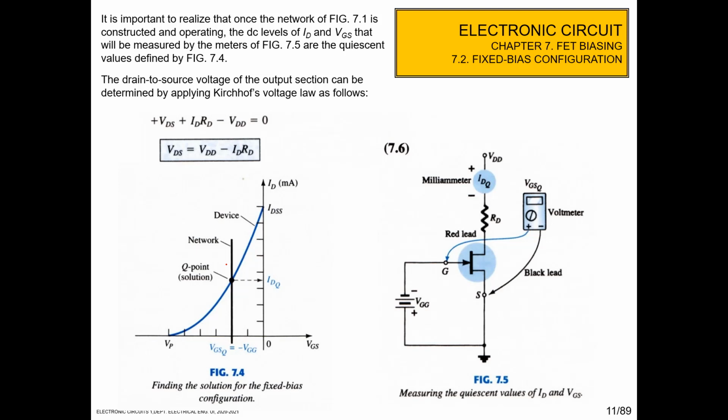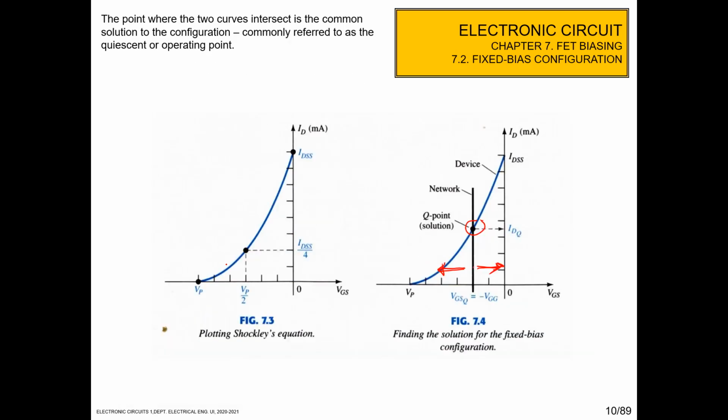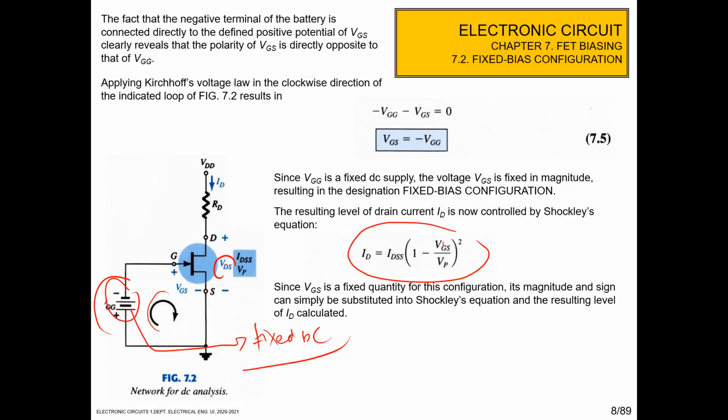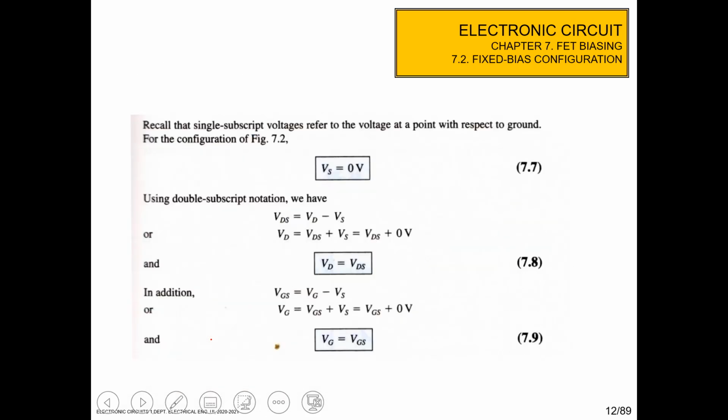We can find RD by a specific value, ID from the key point, and VDD by a specific value. Recall that Vs is equal to 0 because the source is directly connected to ground. So VDS is equal to VD minus Vs, and VD is VDS plus Vs, or VDS plus 0.